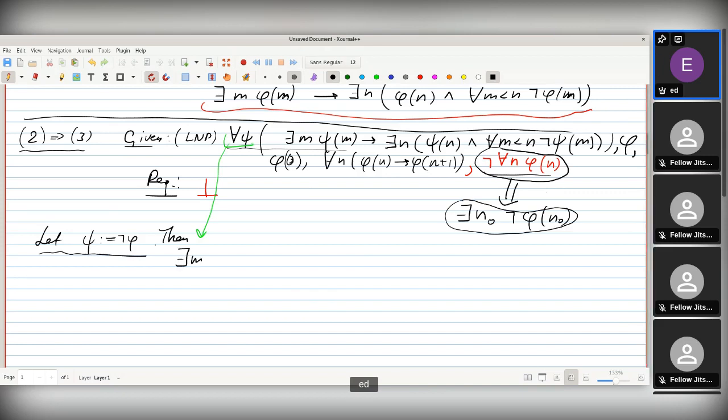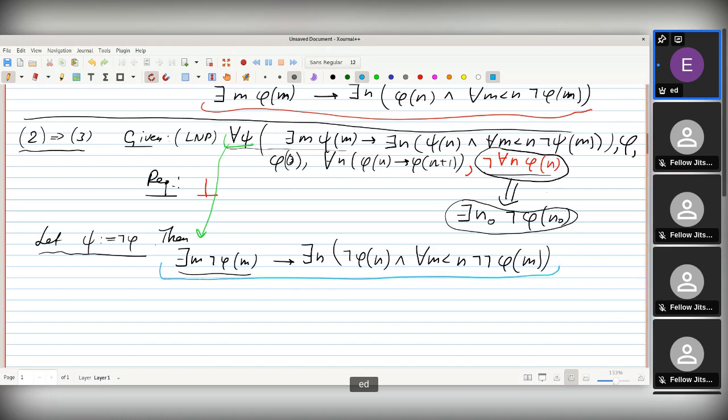If not phi holds for at least one number, then there exists n such that not phi holds for this n, but for every lesser number, not phi fails. This implication is true by assumption.